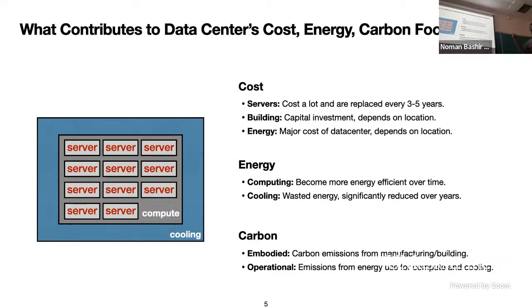And that energy is being spent on two things. One is actual computing, where you are running servers and doing some computation, and the other one is cooling. Because these servers consume a massive amount of energy.